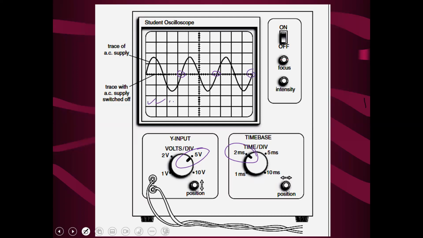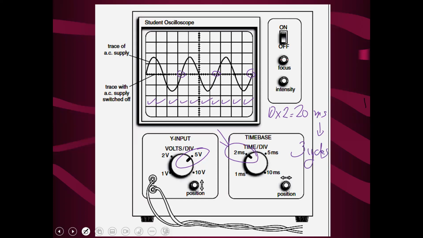So you will go on 1, 2, 3, 4, 5, 6, 7, 8, 9, 10. There are 10 boxes. Now there are 10 divisions for 3 cycles and one is 2 millisecond. So you will say 10 into 2, 20 millisecond for 3 cycles.